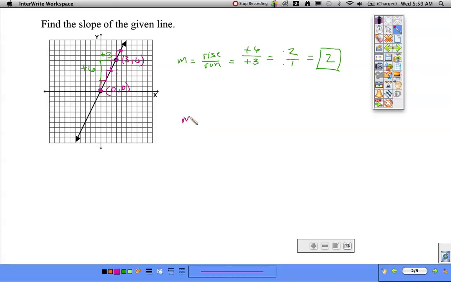Well, if I use the slope formula, y2 minus y1 over x2 minus x1, my first y is 6 minus my other y of 0 over my first x of 3 minus my second x of 0. Notice I'm going to get 6 over 3, which does reduce down to 2. So you can either count and use the rise over run method, or you can just look at the points and calculate the slope using the formula.